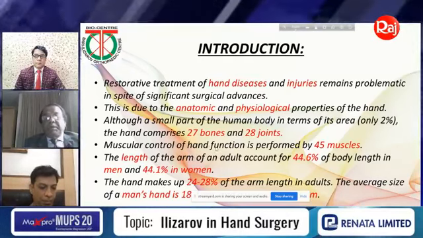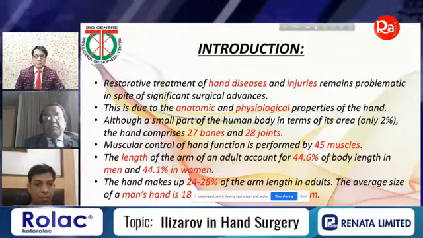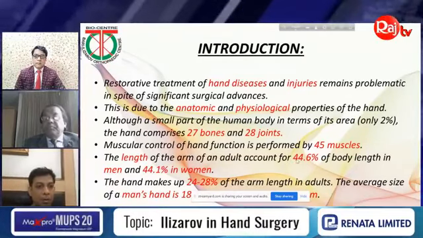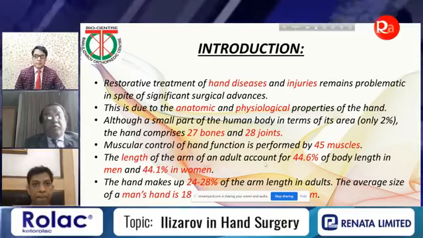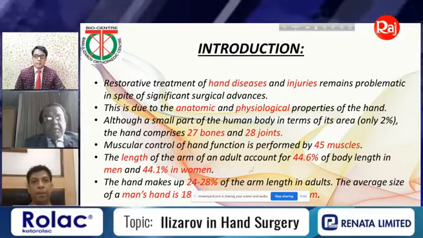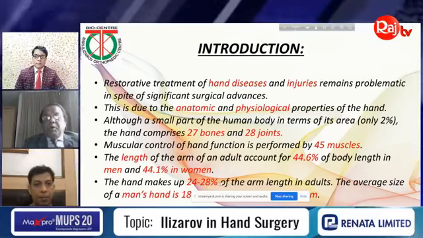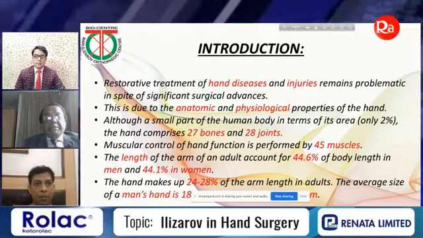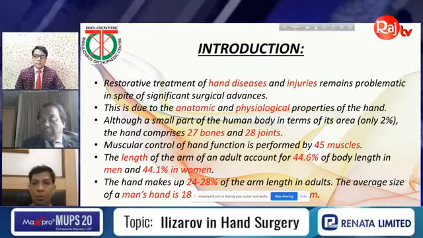Muscular control of the hand function is performed by 45 muscles. The length of the arm of an adult accounts for 44.6% of body length in men and 44.1% in women. The hand makes up 24 to 28% of the arm length in adults. The average size of a man's hand is 18 cm and a female's a little bit smaller.